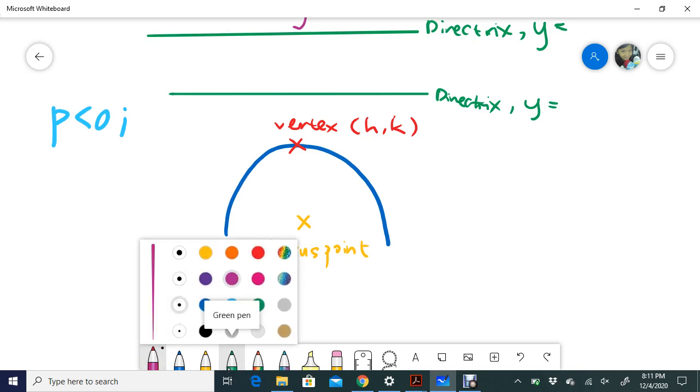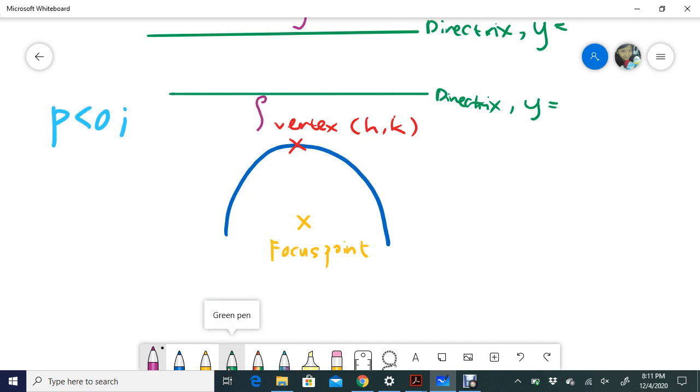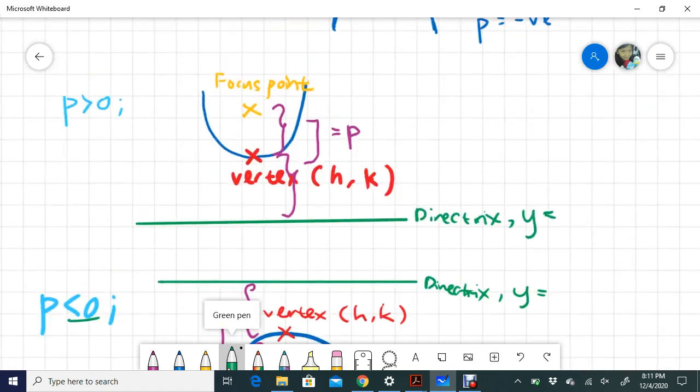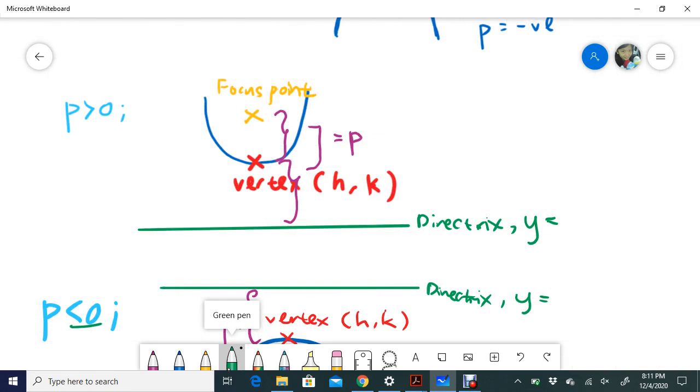Again, your common distance is based on the p-value that you have. Both of them are based on your p-value. The sign just represents the direction, or the position, of your parabola.